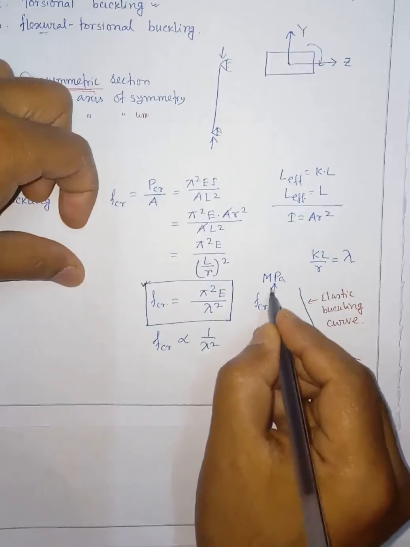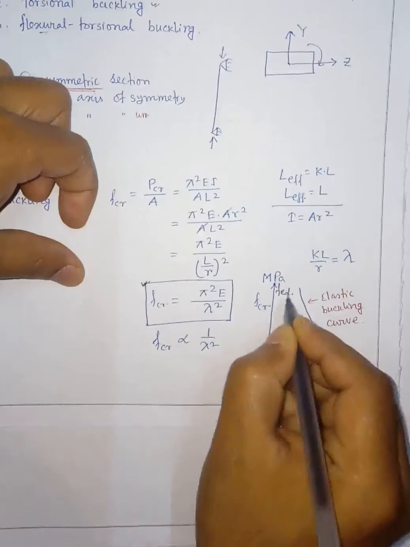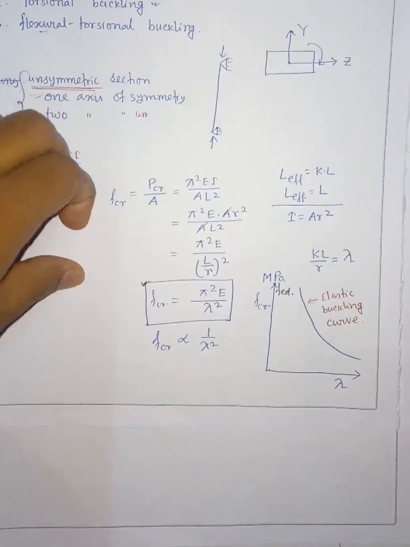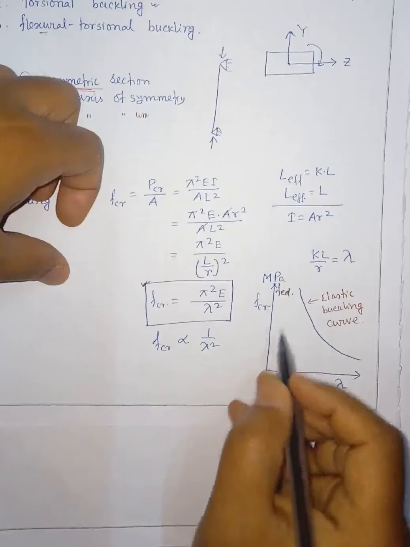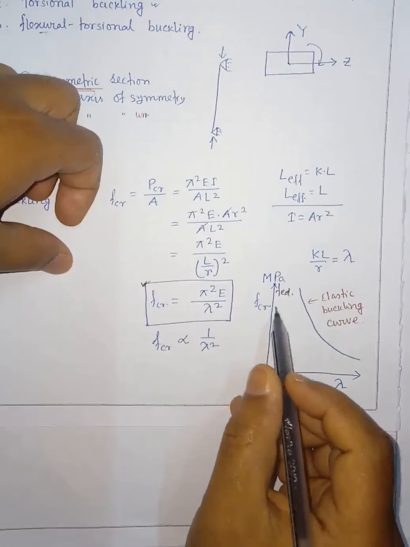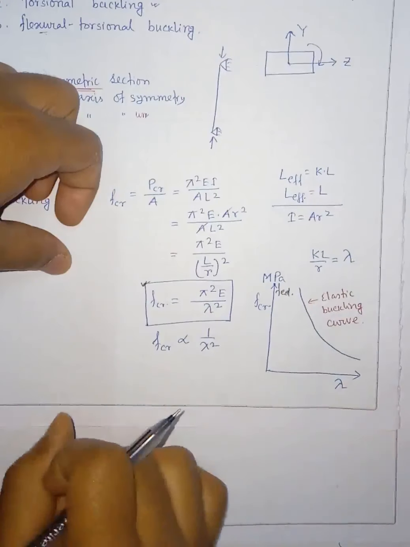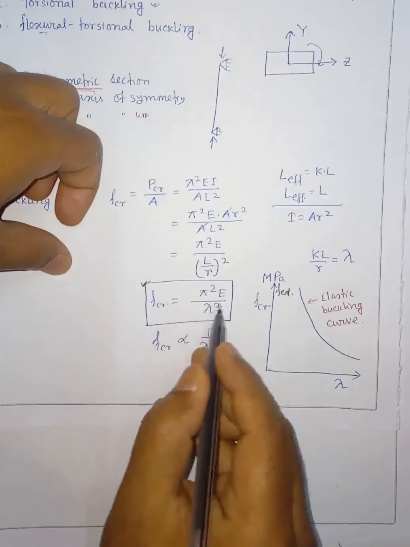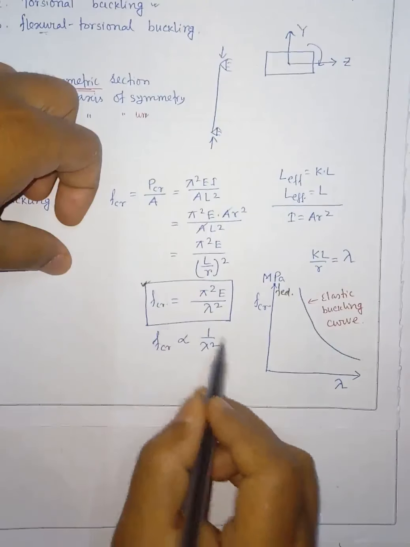On this axis we get the FCD, the load carrying capacity or stress carrying capacity under the geometric failure. On this axis you get the crippling load for a particular slenderness ratio. FCR is proportional to 1 by lambda square, so the curve will be like this.